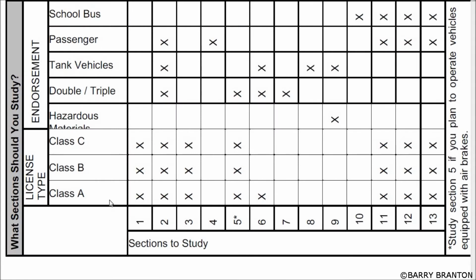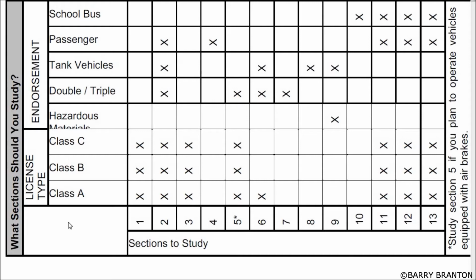Figure 1.2. What sections should you study? We have a chart here, and on the left you can see license type and endorsement. So we will start with the license class, or the license type.